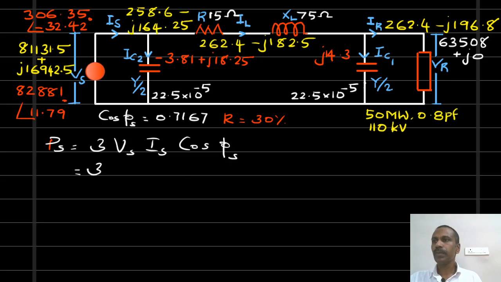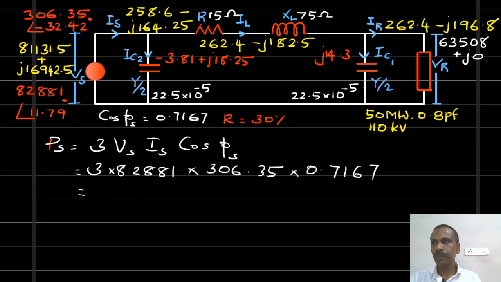It is equal to 3 into Vs equals 82881 into Is equals 306.35 into cos phi s equals 0.7167. So this is equal to 54 megawatt.